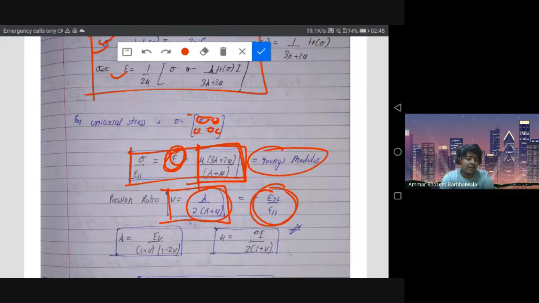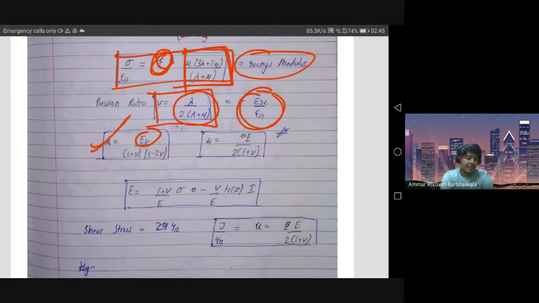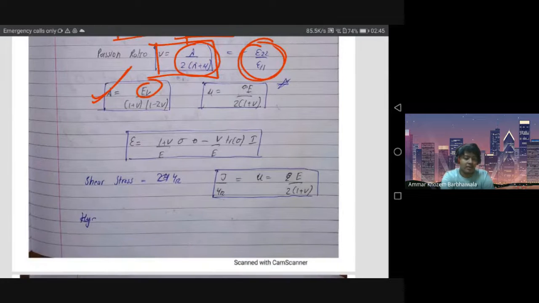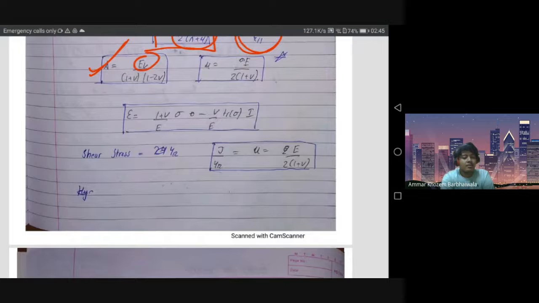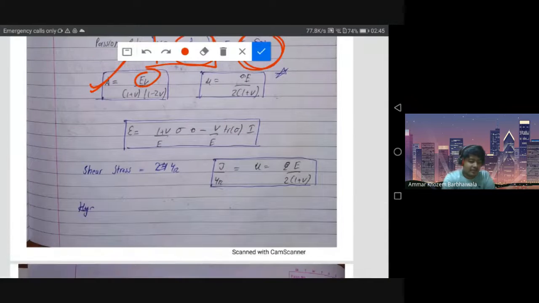We can also write lambda and mu in terms of Poisson's ratio and Young's modulus. Depending on your choice, you can select lambda and mu, or Young's modulus and Poisson's ratio. In terms of Young's modulus and Poisson's ratio, the epsilon and sigma relationships can be written in this way: epsilon equals (1 plus nu) over E times sigma minus nu over E times the trace of sigma.